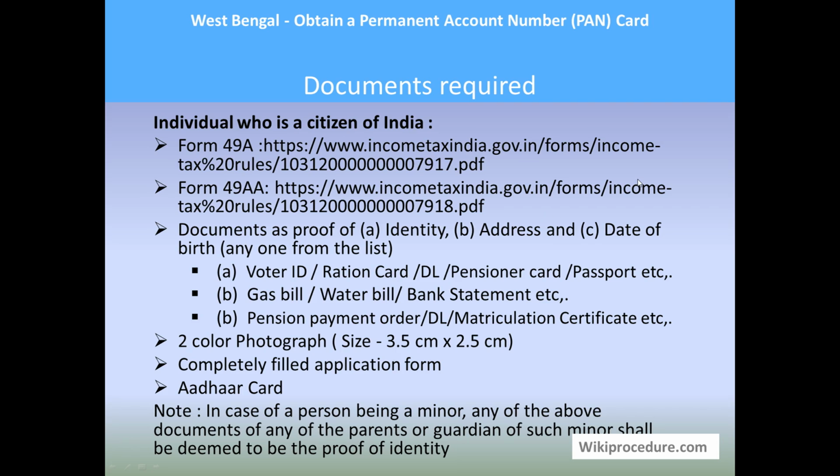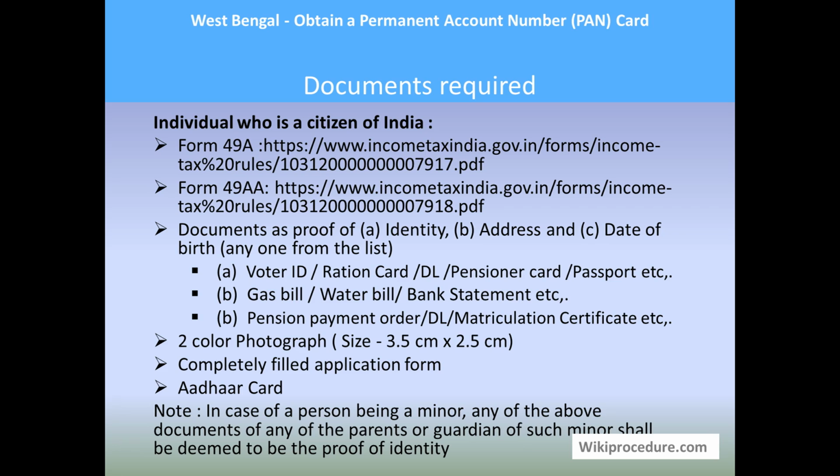Documents as proof of identity, address and date of birth can be provided, any one of these on a respective basis, like voter ID, ration card, DL, pensioner card, passport, etc. for ID proof; gas bill, water bill, bank statement for address proof, any one of them; pension payment order, DL or matriculation certificate, etc. for date of birth proof.